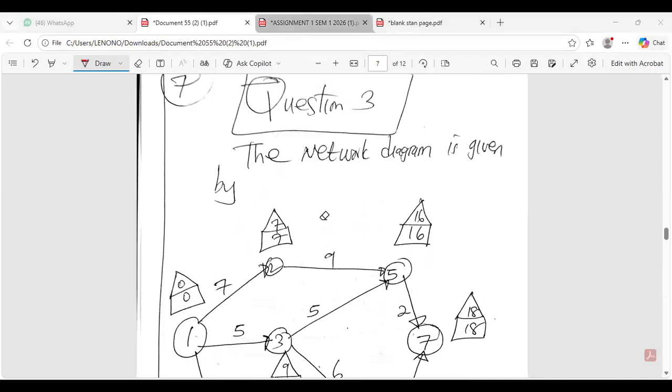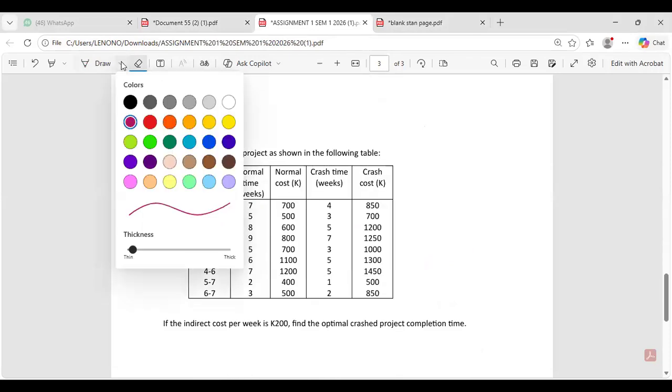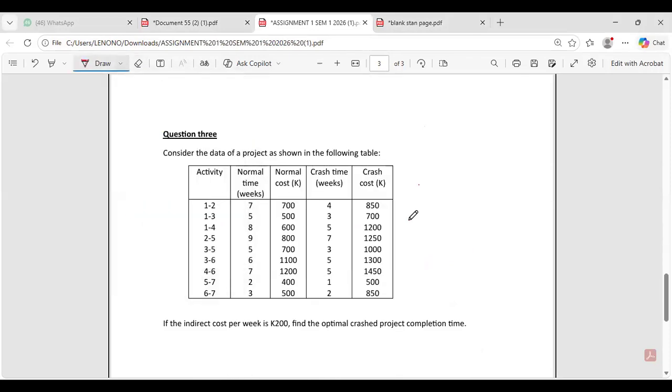So as we can see, we have this diagram where it says 1 to 2, 1 to 3, 1 to 4, of course. Then we also have 2 to 5, 3 to 5, 3 to 6, 4 to 6, 5 to 7, and 6 to 7. And then the total normal cost.